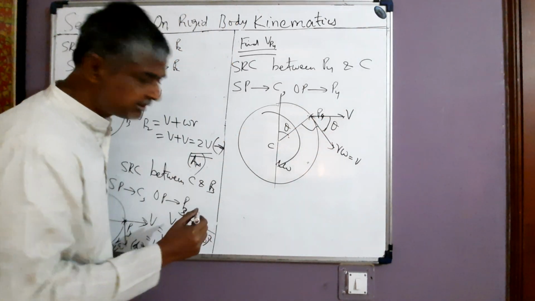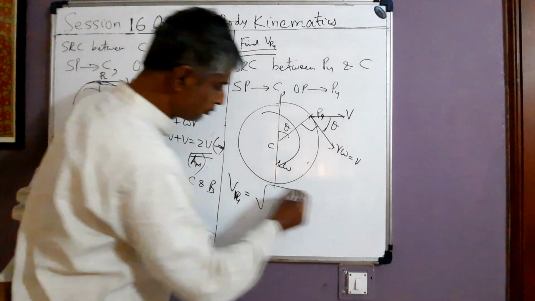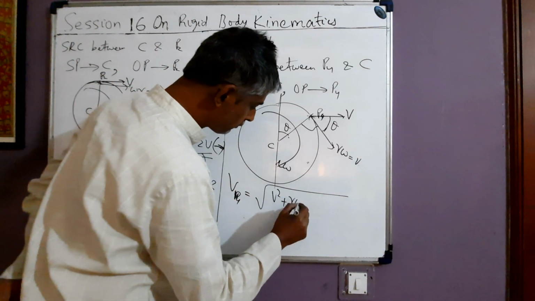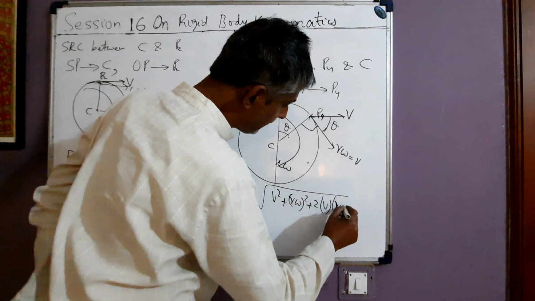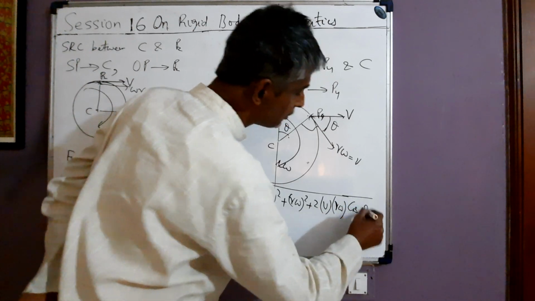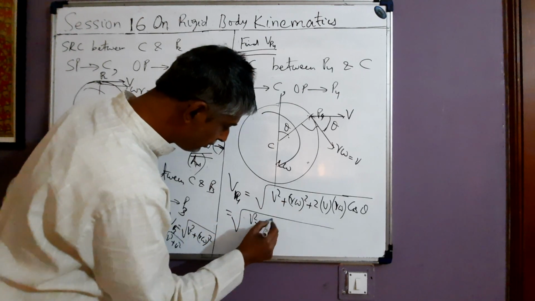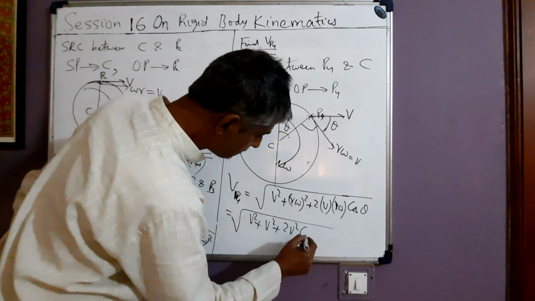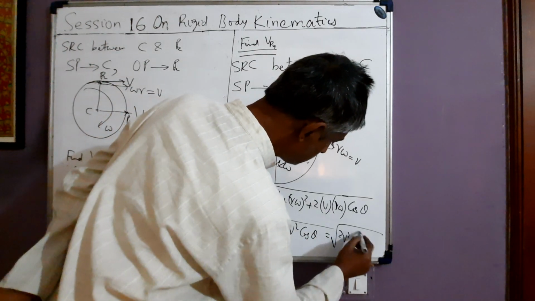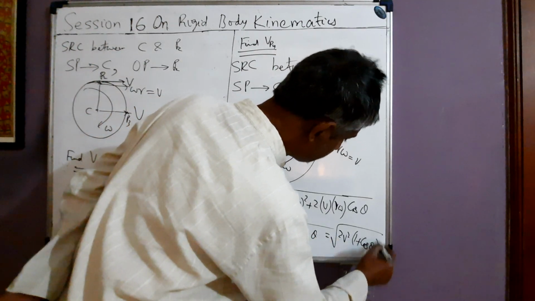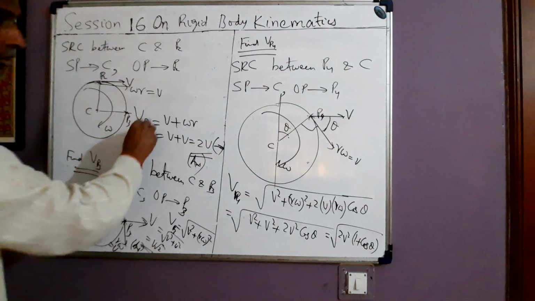So from the parallelogram law of vector addition, Vp4 is equal to root under V square plus R omega whole square plus 2V into R omega into cos theta. This becomes root under V square plus V square plus 2V square cos theta, which becomes root under 2V square into 1 plus cos theta.